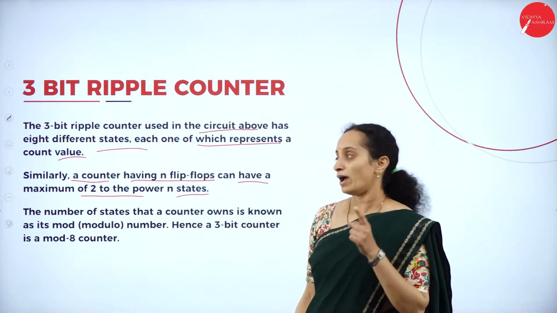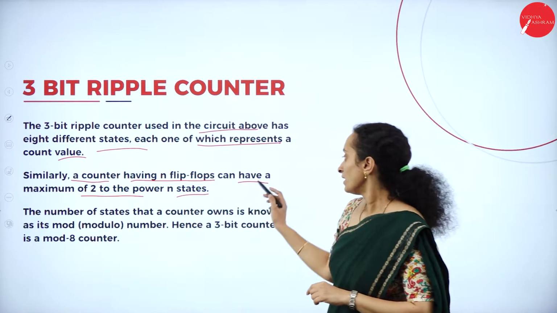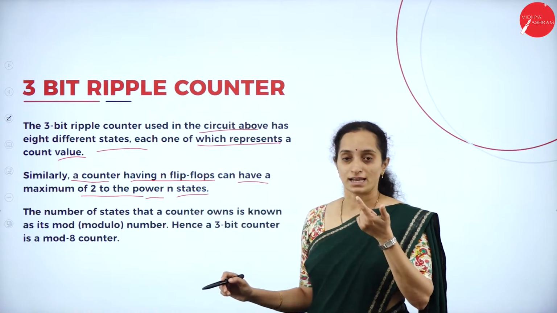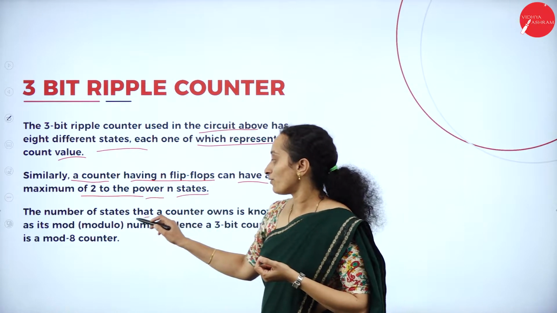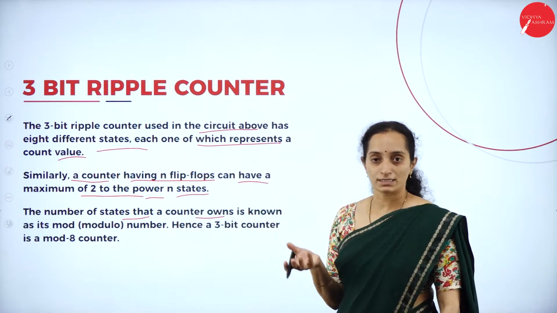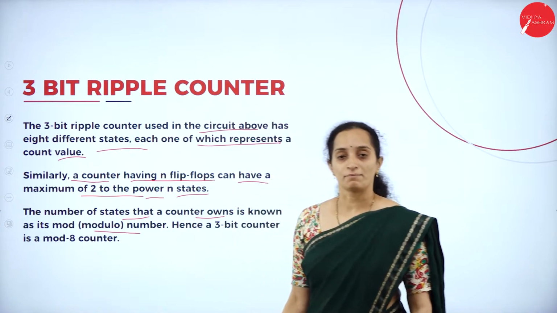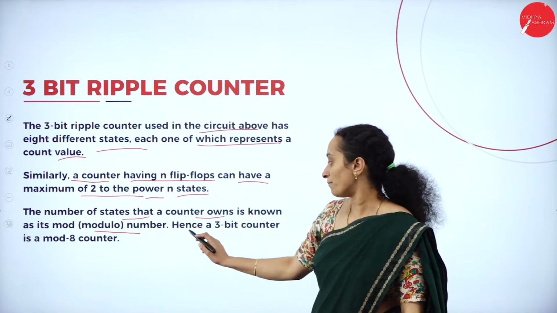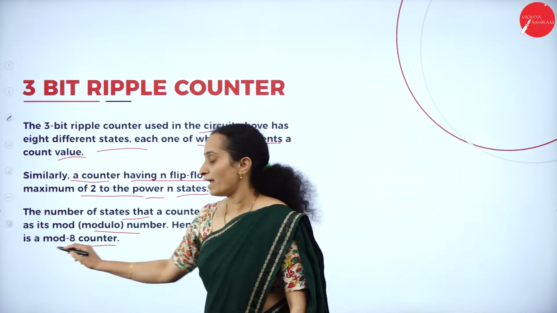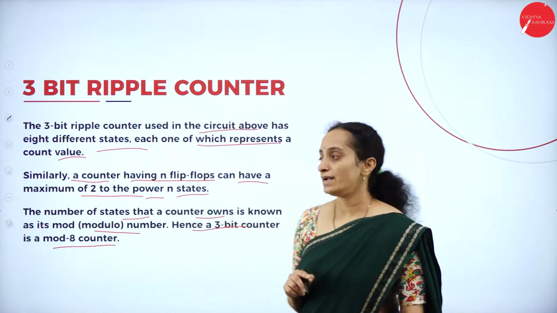The number of states that a counter can own is known as its mod number or modulo number. Hence, a 3-bit counter is a mod 8 counter.